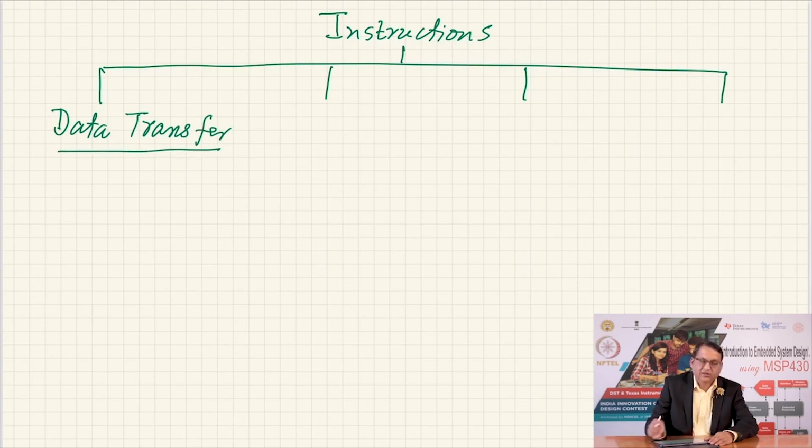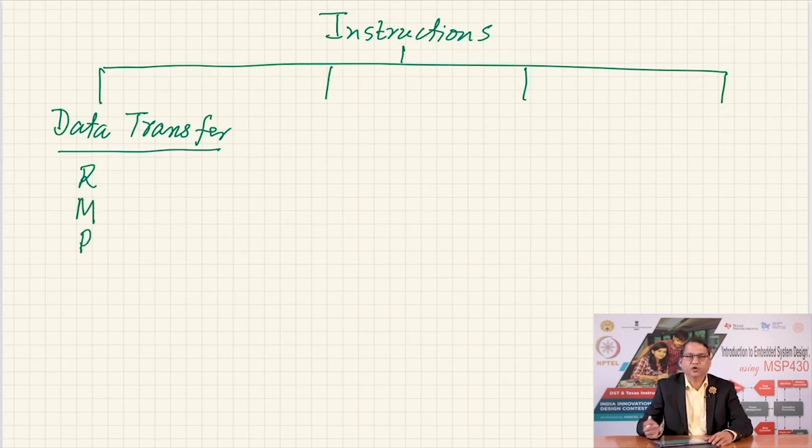As the name suggests, these instructions deal with moving data from one storage location to another storage location in a microprocessor or in a computer system. What are these locations? These locations could be registers, they could be memory, and they could be ports. And so you would want to move data between these entities.